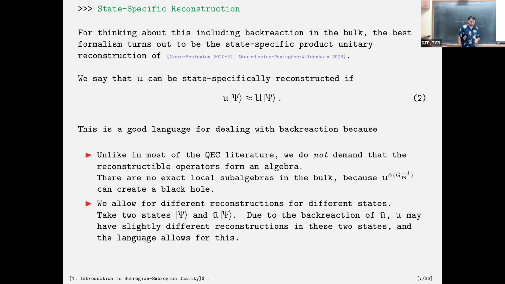In the bulk, the way I understand, Harlow's result holds when you are neglecting back reaction. Yes, exactly. To that extent, you keep the reconstruction the same. Here, what you're saying is once you include the back reaction, it can change. Yeah, exactly.